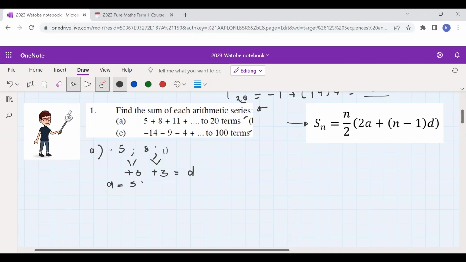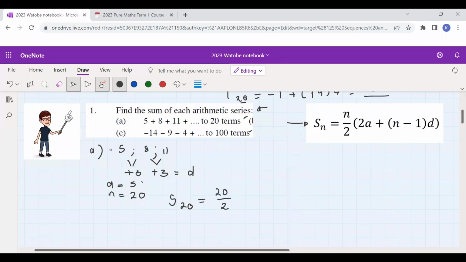A is 5. And our N, they told us, is how much? 20. Thank you, Barbara. So then we just substitute. The sum of 20 terms is 20 divided by 2.